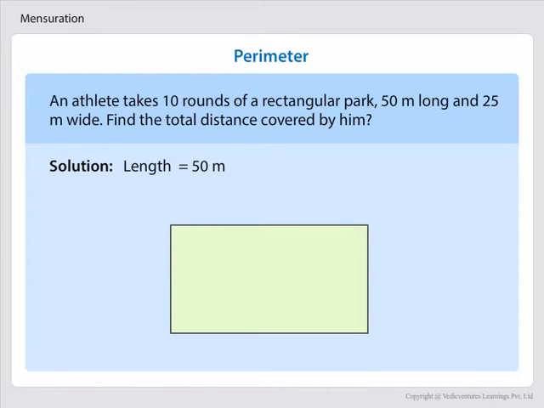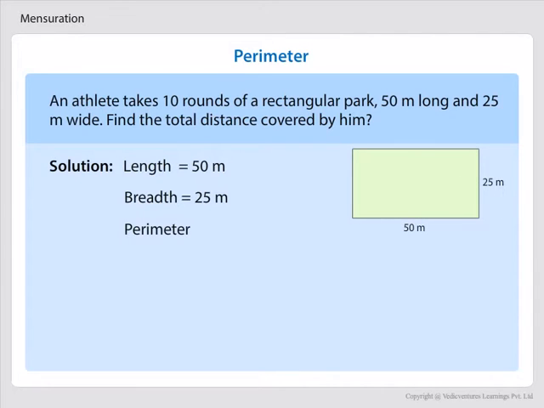Solution. Length of the rectangular park equals 50 meter. Breadth of the rectangular park equals 25 meter. Total distance covered by athlete in one round will be the perimeter of the park.